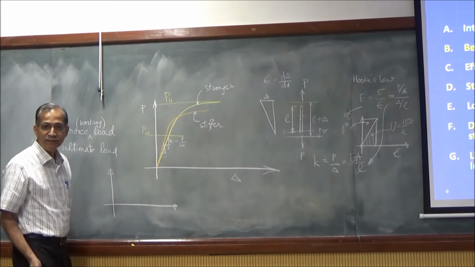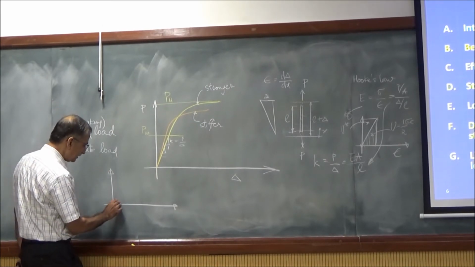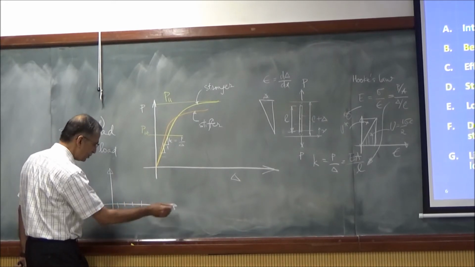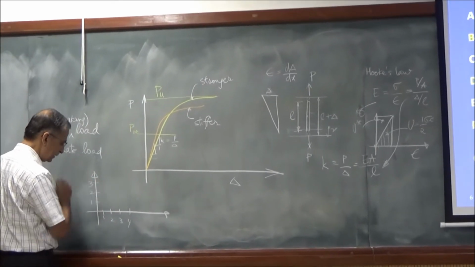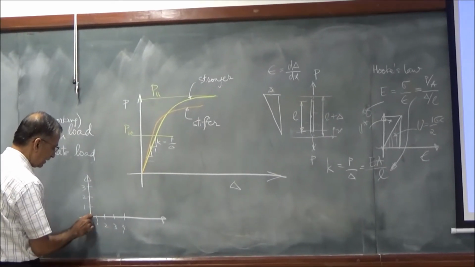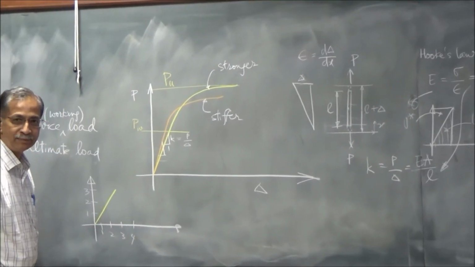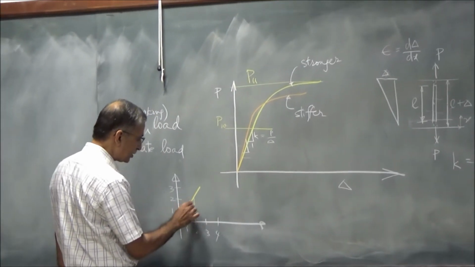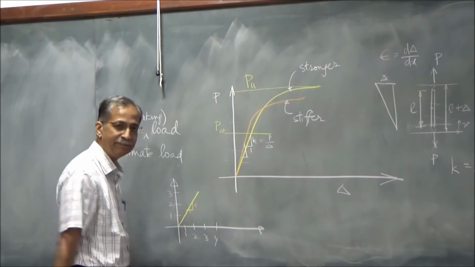I do an experiment. This is an experiment, right? So this is my scale and say 1, 2, 3, whatever units. 1, 2, 3, etc. And I get a line like this. If I take the slope of this line, that is my, in this case, modulus of elasticity.